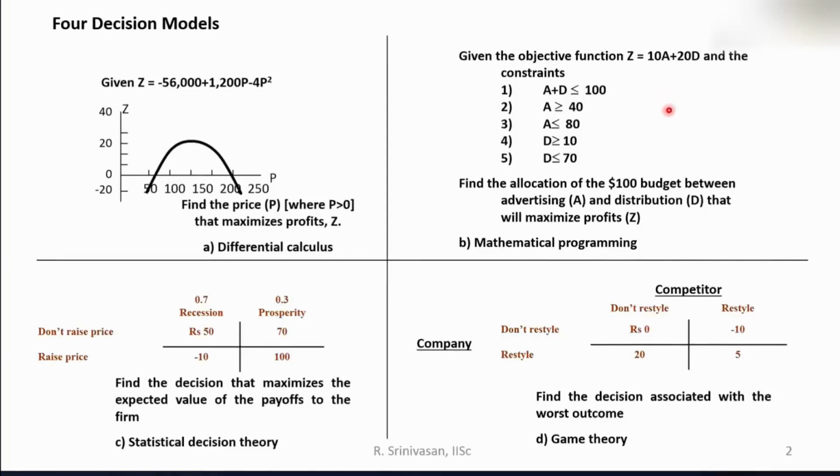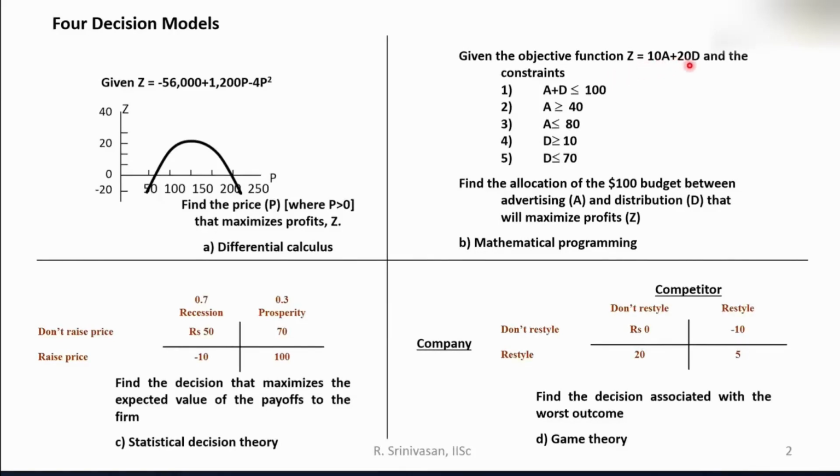Suppose you construct this equation, z is equal to 10a plus 20d, where a stands for advertising and d stands for distribution. That is the amount of money. Because the numbers are very small, I am taking it in dollars. Suppose your a plus d is less than or equal to 100. These are the constraints. So this is the objective function.